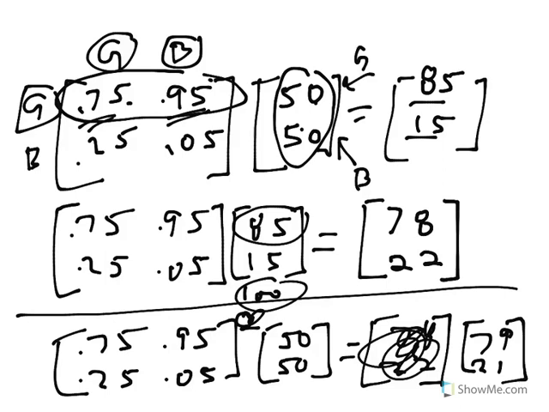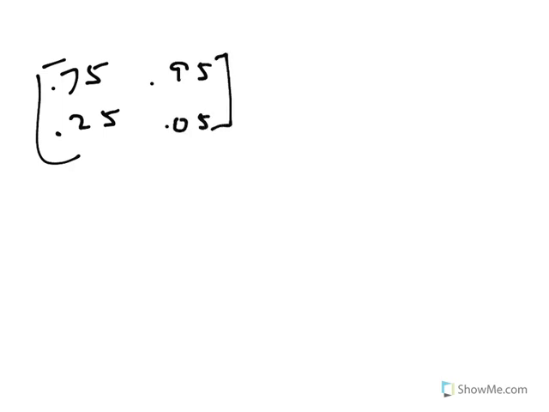Now you might want to know, is there some sort of way to calculate out this equilibrium? Let me show you how you could calculate that out. So I take that matrix with the information, 0.75, 0.95, 0.25, 0.05.